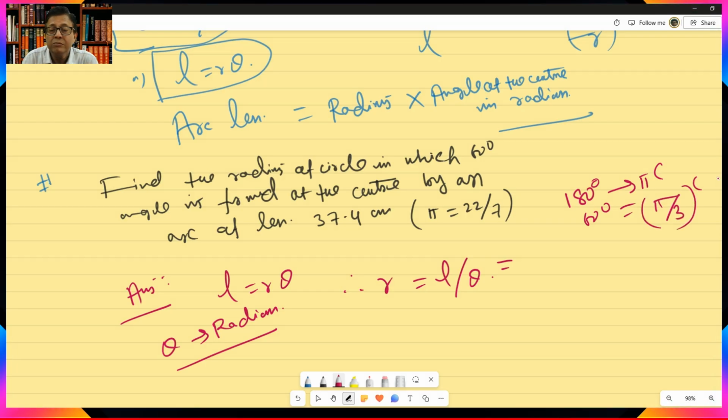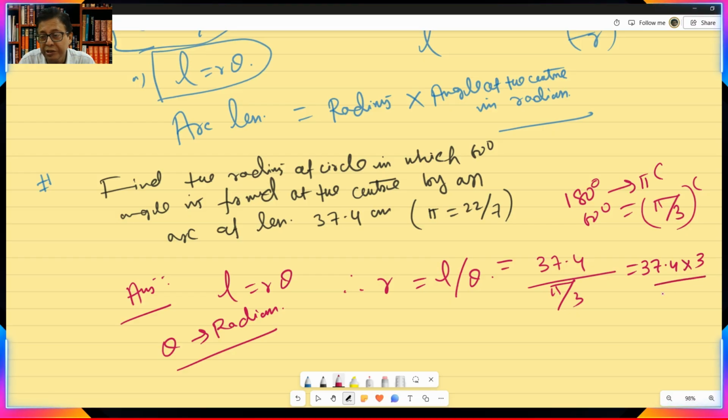Okay? So you just write L divided by pi by 3, that is 37.4 into 3 by pi. Pi you take as 22 by 7. Okay? Now do it with the help of a calculator.